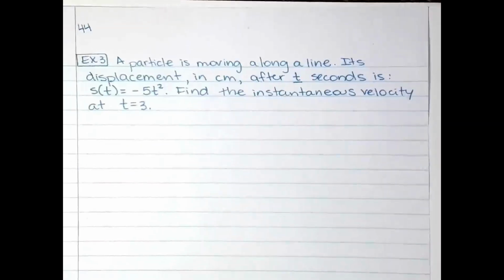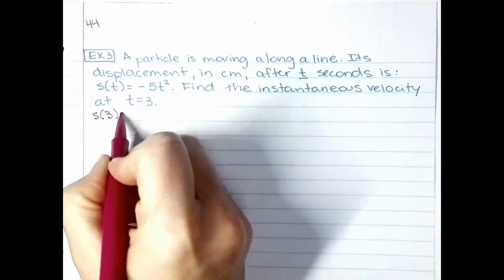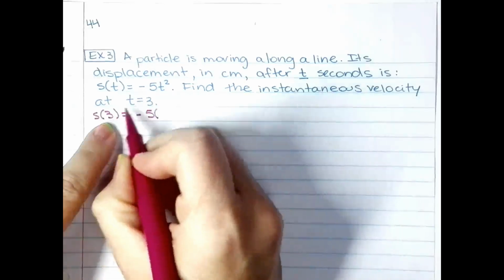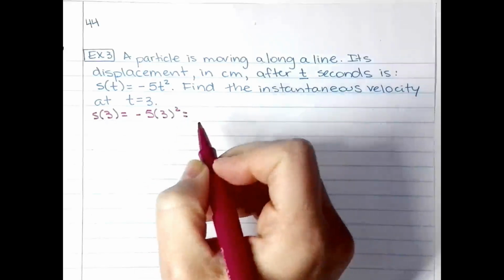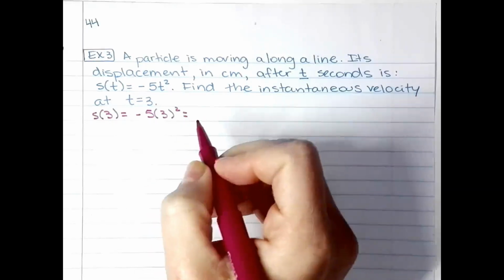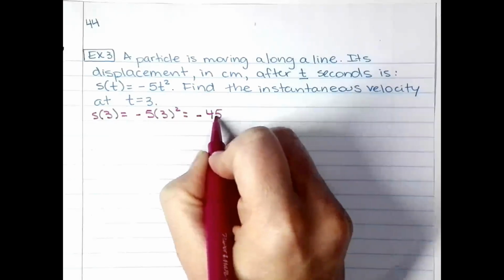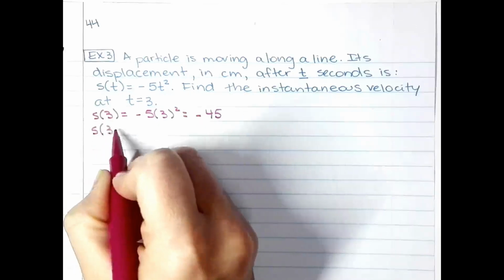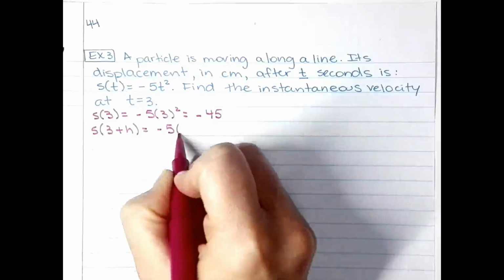So I have to find s of 3. So go ahead and substitute 3 for t right there. This one is easy. Now the other one, we will do 3 plus h and go ahead and substitute that.